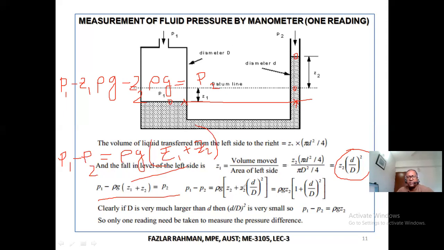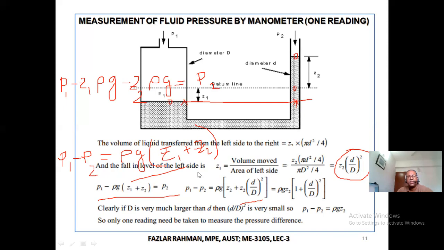So right over here, this is actually Z1. This Z1 will be replaced by this value. So P1 minus P2 equals rho G Z2 plus Z2 into D square. That means you're taking this value, you put in the Z1. Now Z2, you take it out, take it common. So you get 1 plus (D by D) whole square.